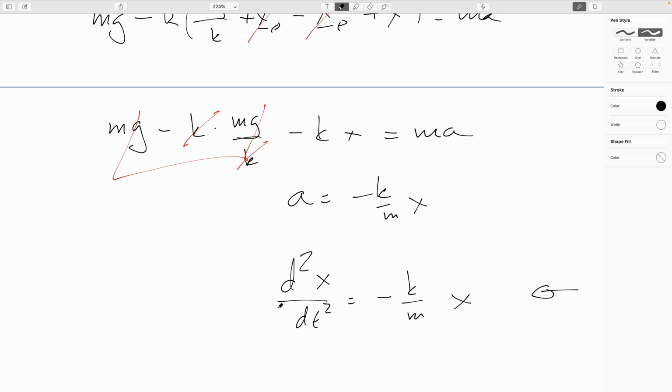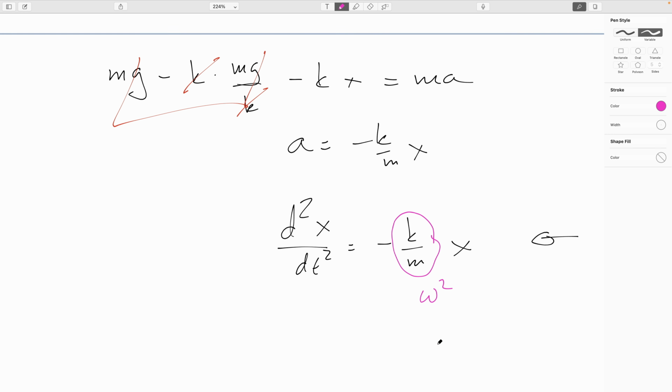Second derivative of stuff equals minus crap times stuff. And whenever I see anything like that, I recognize I have a simple harmonic oscillator, and this piece right here is omega squared. So it turns out that the only thing different between a horizontal and a vertical oscillator is that the equilibrium position changed.